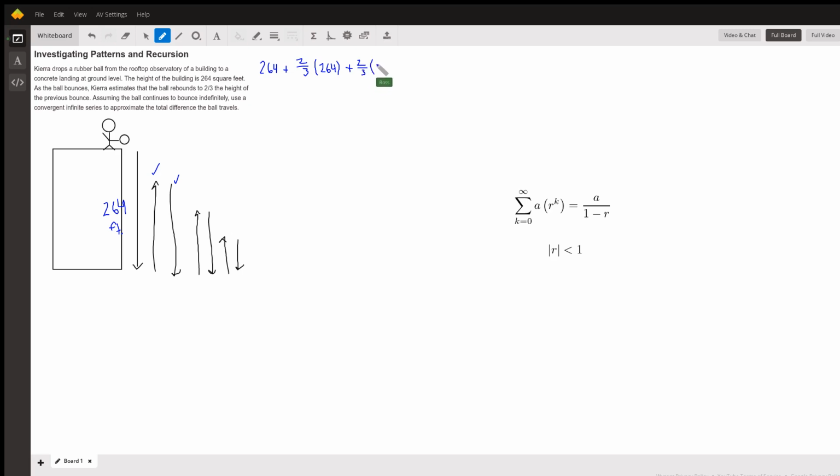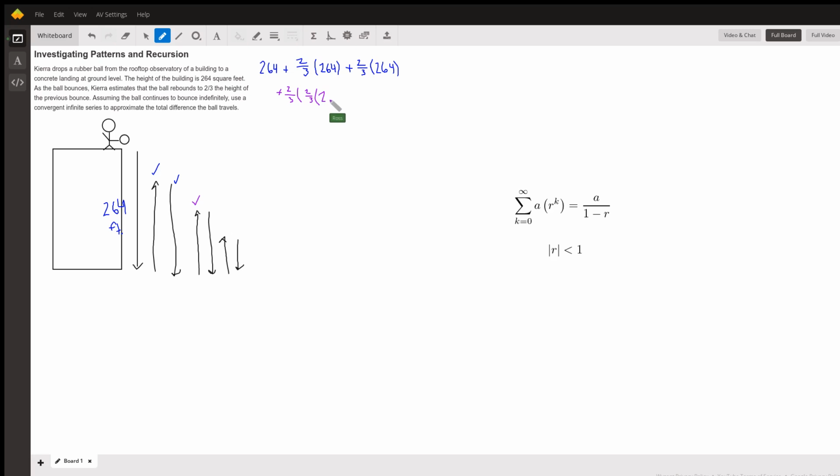Now here's where we're hopefully going to start to notice some patterns. Back down now to this next up arrow, the ball should be bouncing to 2/3 of the most recent height. The most recent height was 2/3 of 264. And again, I don't care what number that is, but I do care that my next height, this purple arrow, is going to be 2/3 of 2/3 of 264.